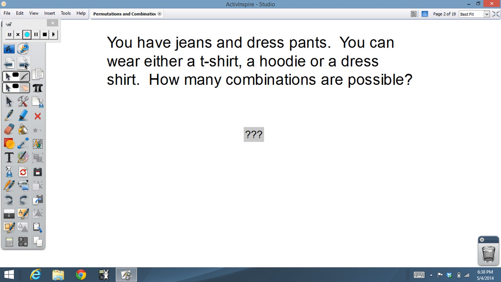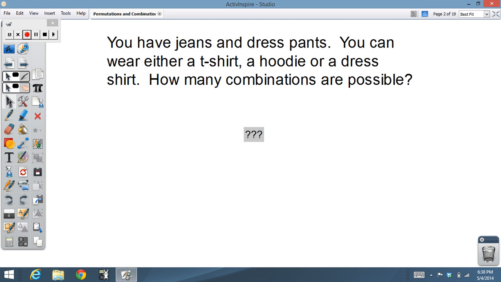Let's start with something that we have done before. You probably remember this kind of problem from middle school. So you have jeans and dress pants, two selections, two possibilities for what you're wearing for pants in a day. As for shirts, you can choose a t-shirt, a hoodie, or a dress shirt. And how many combinations are possible?